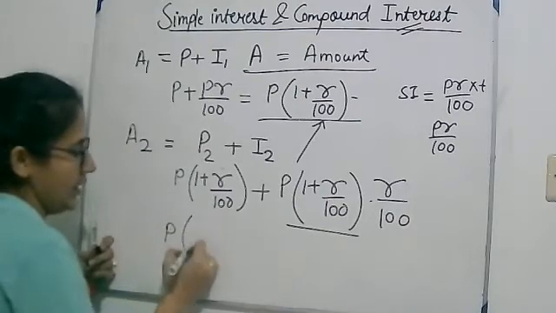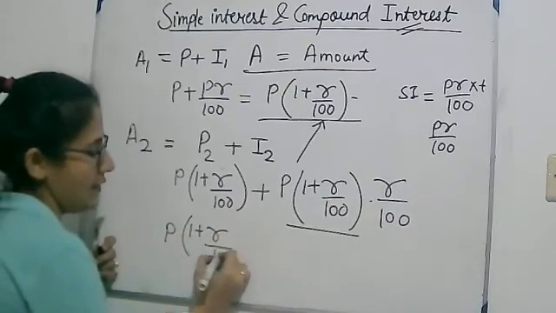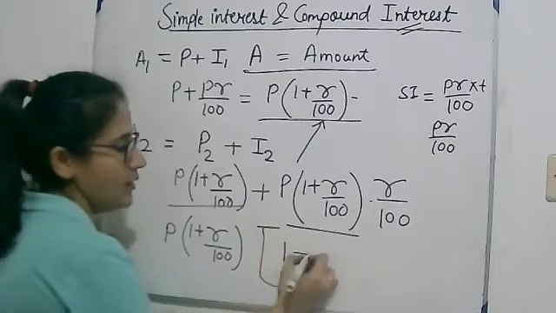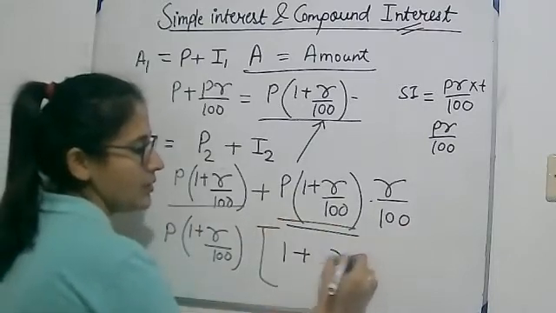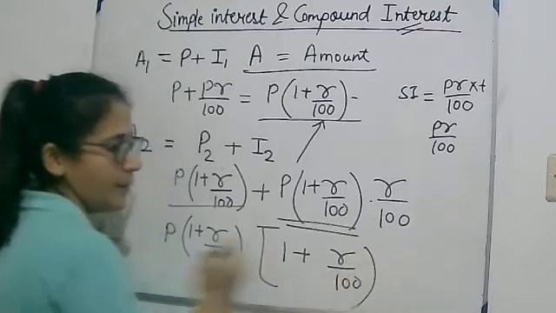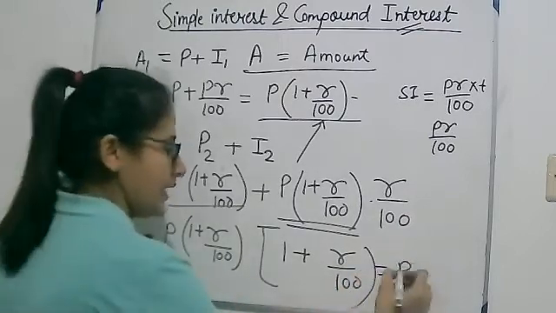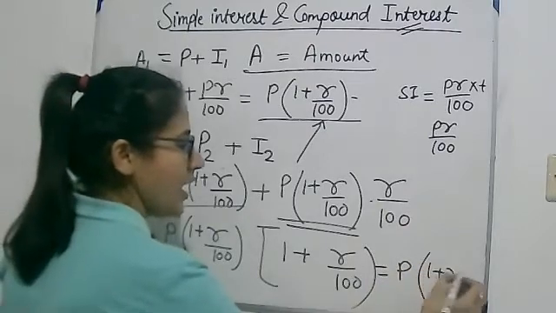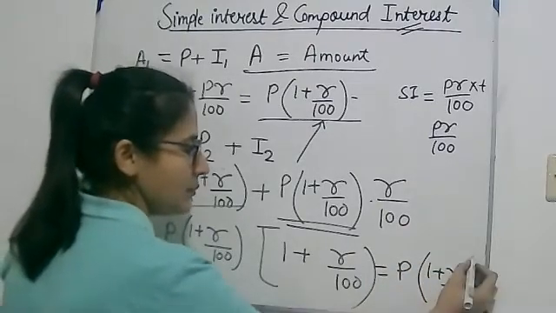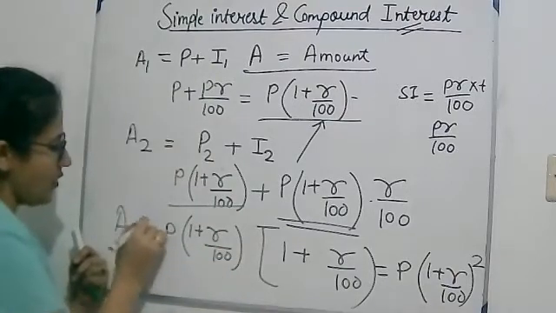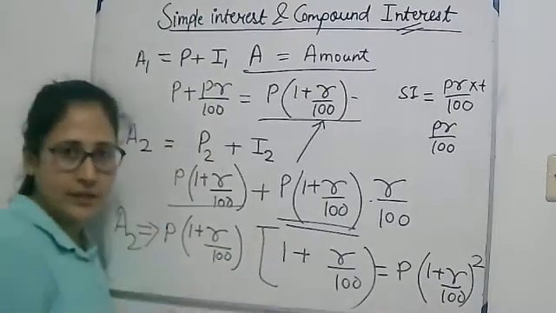It is P(1 plus R over 100). This is common. Here it is 1 plus, this also common, R over 100. We can write it as P(1 plus R over 100) to the power 2. So this is the amount of the second year.